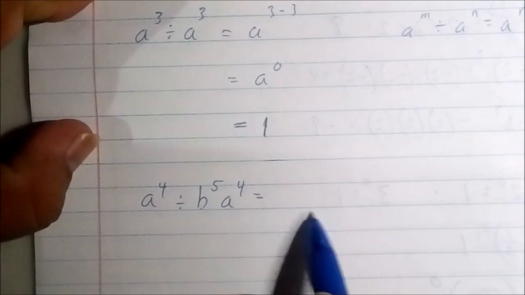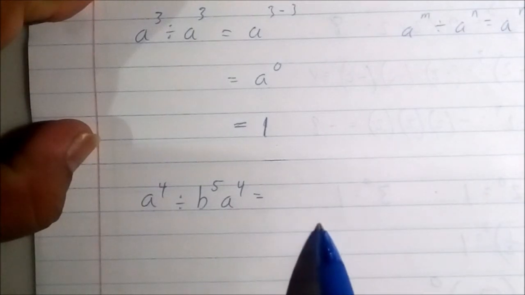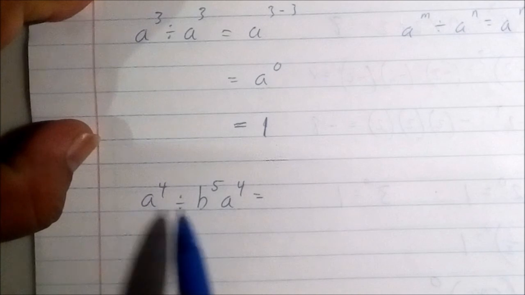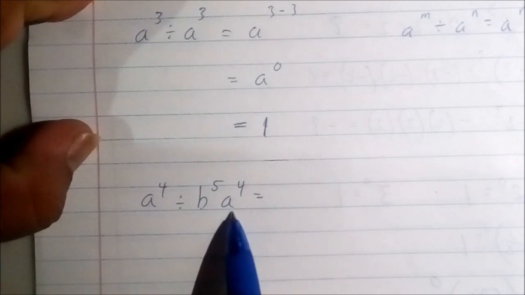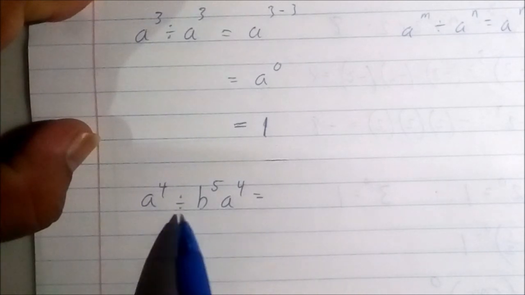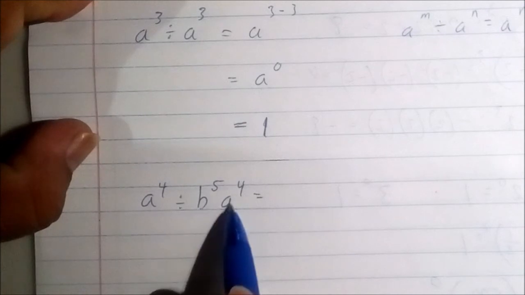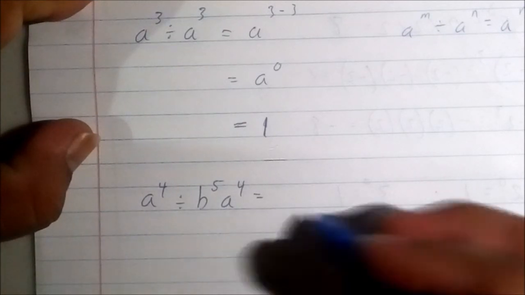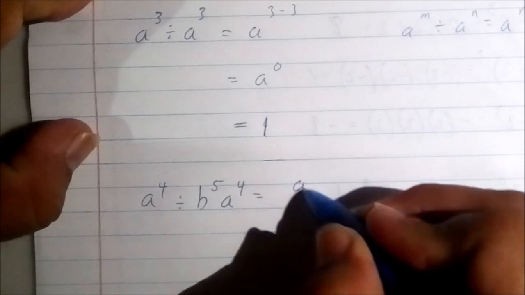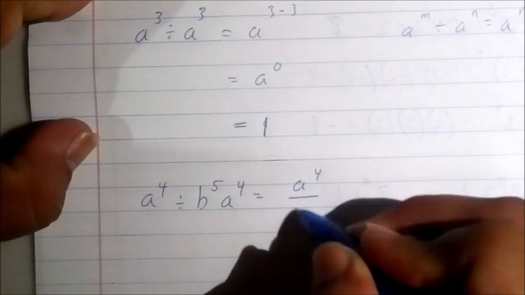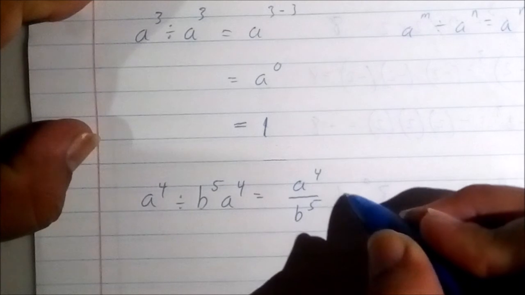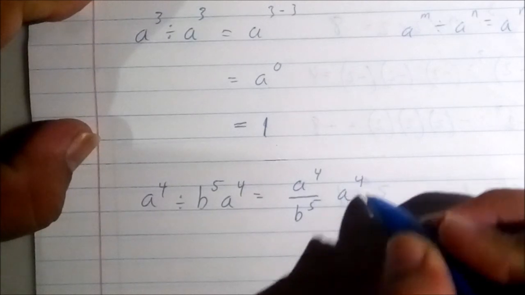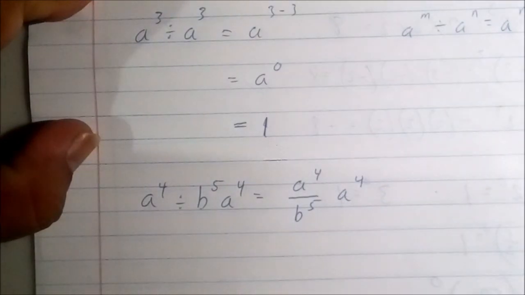So what we will do here now is divide and then multiply, because notice what is being divided is this one here, not this. So therefore, our solution in this case would be a to the 4th over b to the 5th times a to the 4th. Notice there's a major difference.